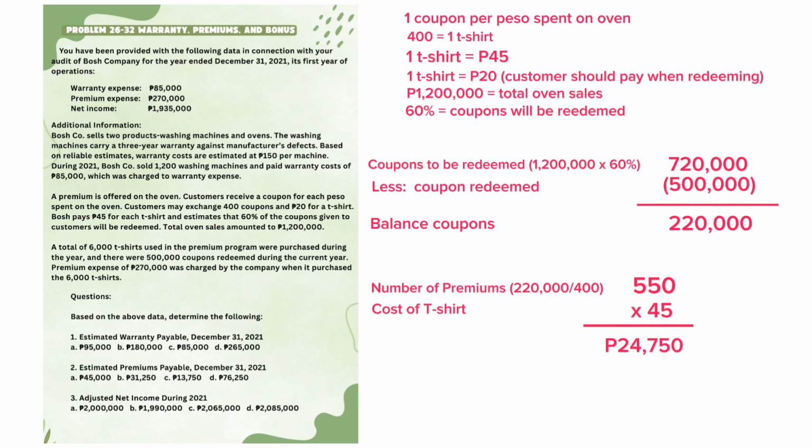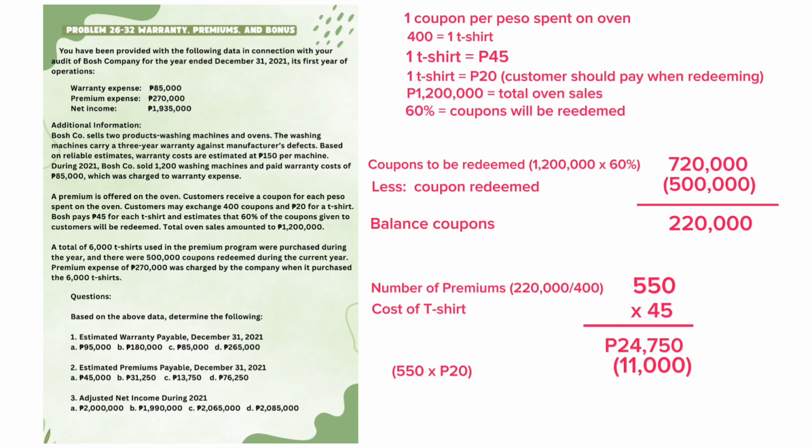24,750. But, remember, customers also pay 20 pesos per t-shirt if they redeem it. So the company only covers the difference, so we compute 550 times 20. We get the amount of 11,000 pesos. So we subtract that from 24,750.